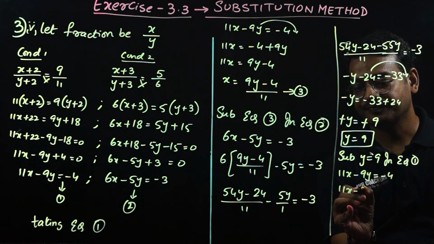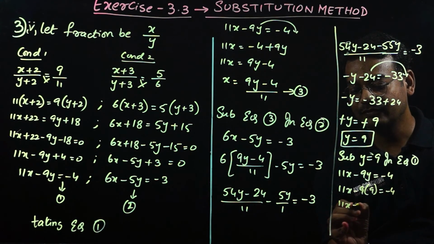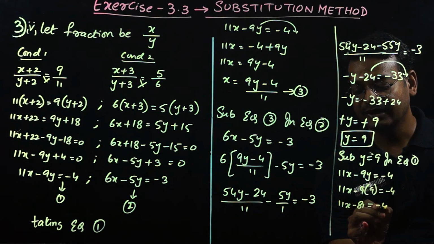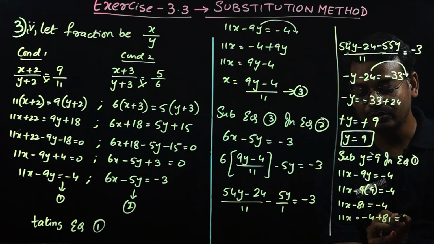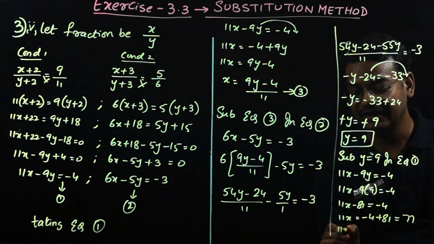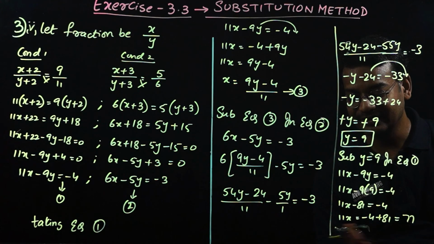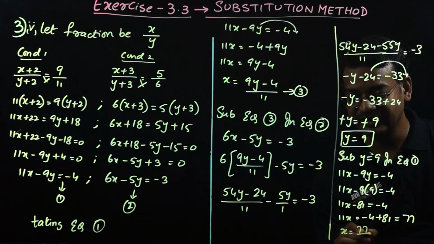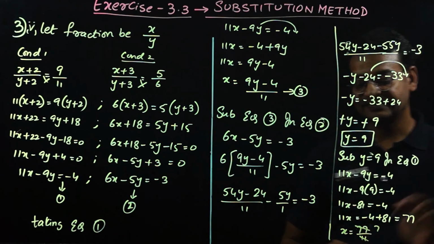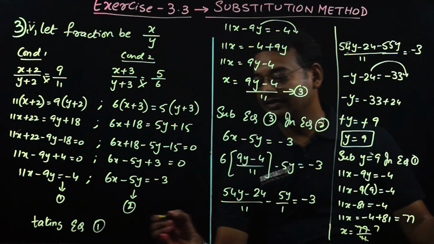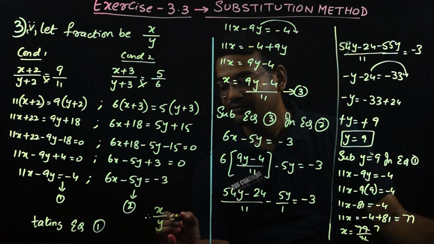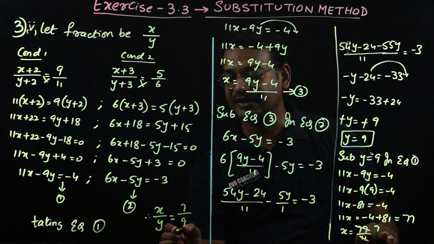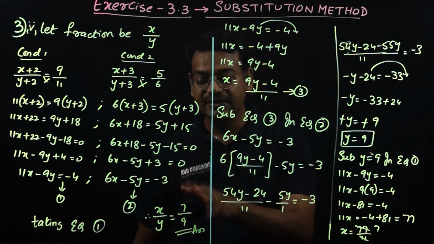So 11x minus 9 into 9 is equal to minus 4. 11x equal to 9 9s are 81 minus 4, which is 77. You can directly write x equal to 77 by 11, so 7. So x is 7 and y is 9. Therefore the required fraction is x by y, where x value is 7 and y value is 9. So this is the answer. The required fraction is 7 by 9.